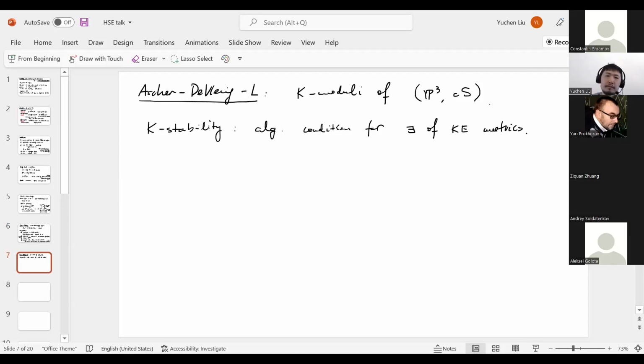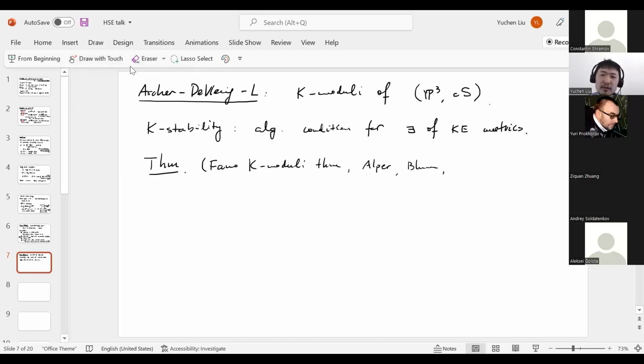And then after many important works on this subject, especially from the algebraic point of view, we now have the so-called Fano K-moduli theorem. And this is due to many people, which I will list a few, and I'm sure I will forget some. Alper, Blum, maybe I should draw this.